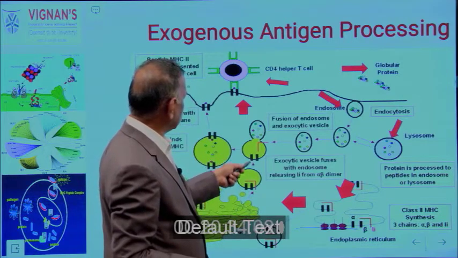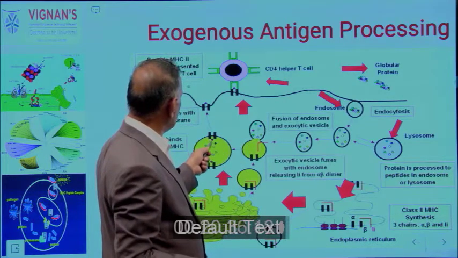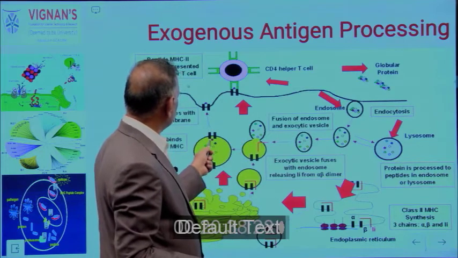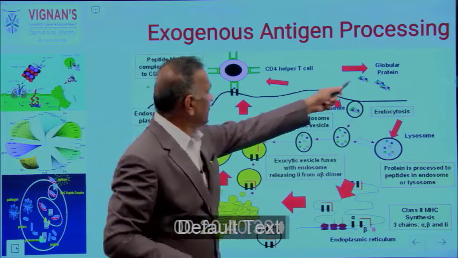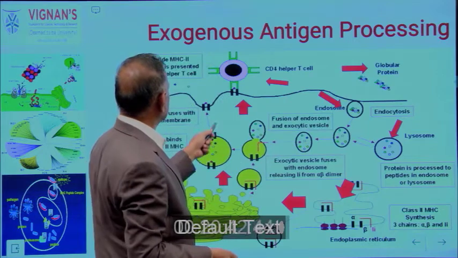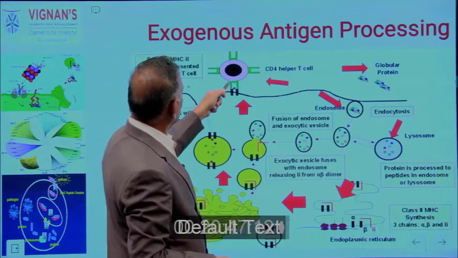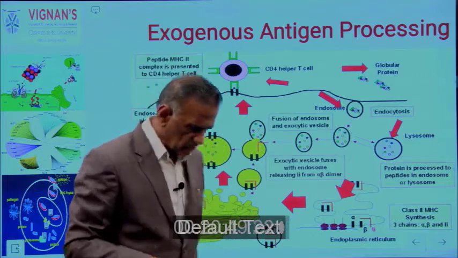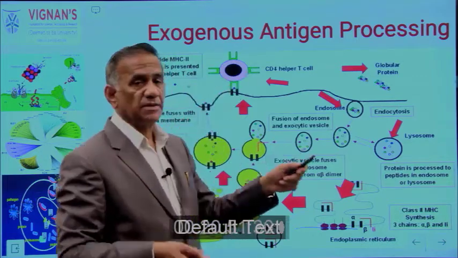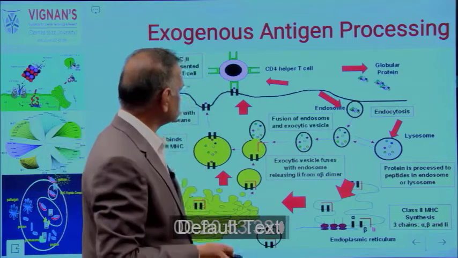So it carries along with this the epitope, a peptide of this protein antigen, and this is taken out and it is being presented. This is the peptide being presented to the T helper cell. Okay, so that's exogenous antigen processing and presentation.